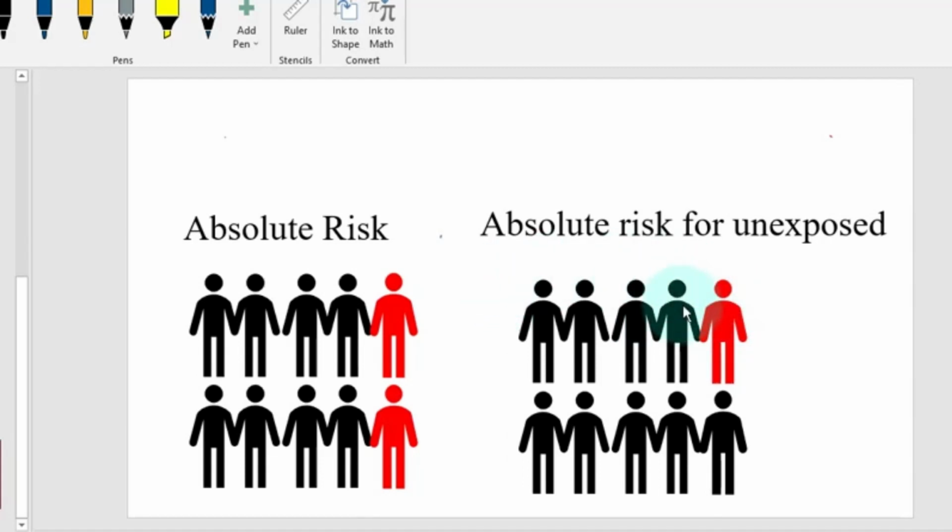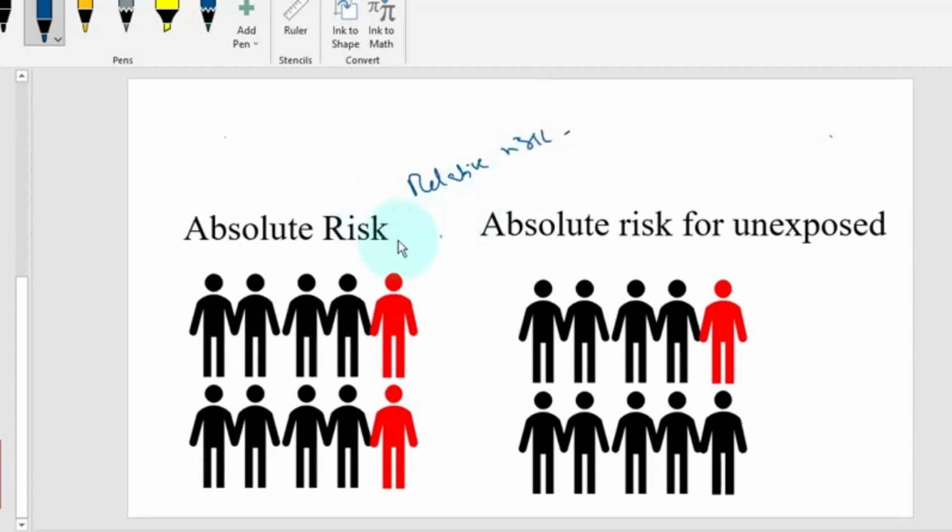How would you know how much smoking is causing how much lung cancer? How many times are you prone to catch lung cancer if you are smoking? How would you know? That term is called relative risk.